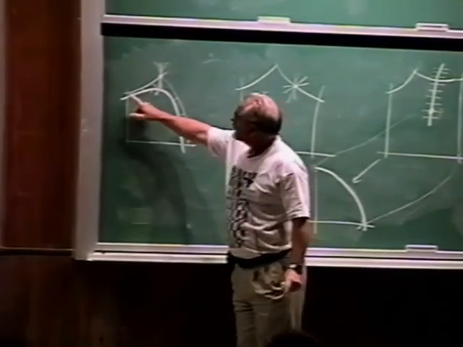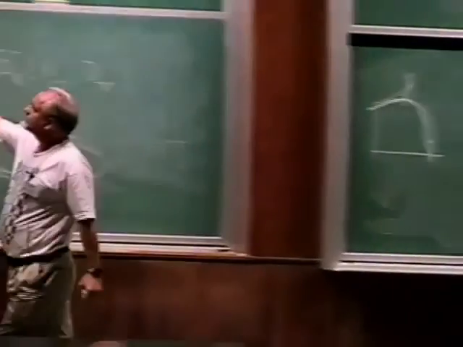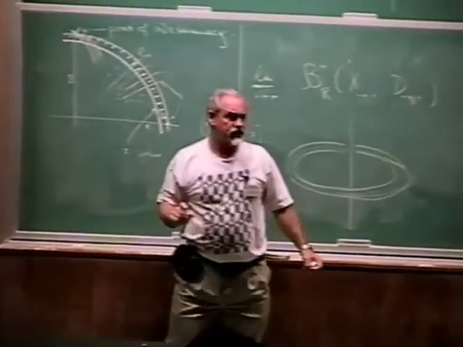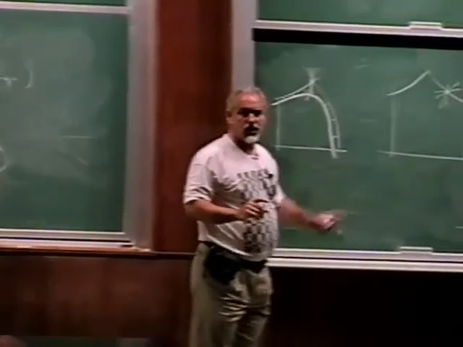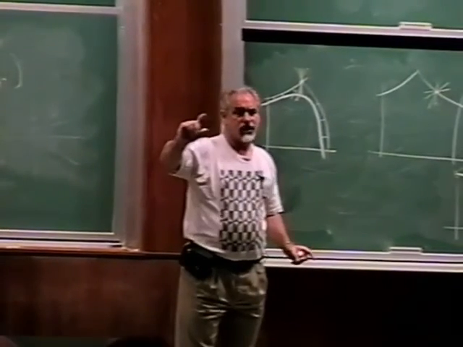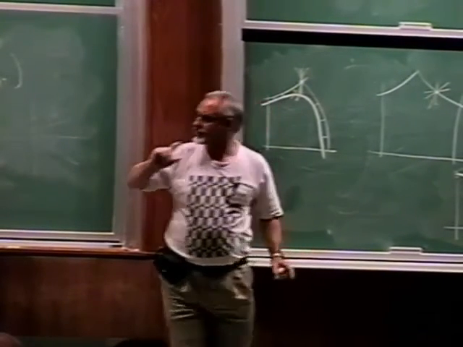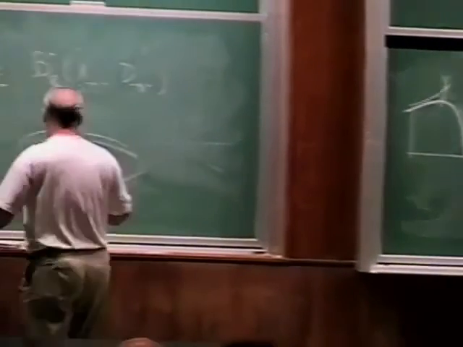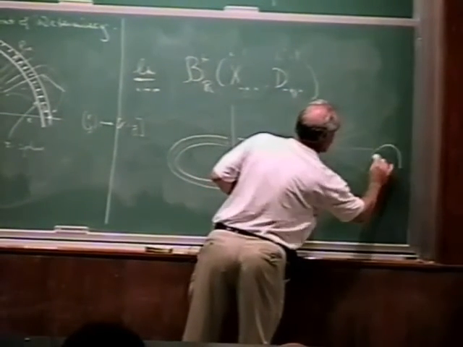Okay, now, what happens when I want to go to this picture? Just as here I had blown up an ordinary point, so I had to thicken the corresponding circle. Here I'm blowing up a double point, so I have to thicken the corresponding torus. So in my next picture, I'm going to have two tori.